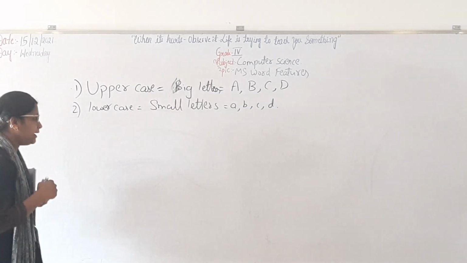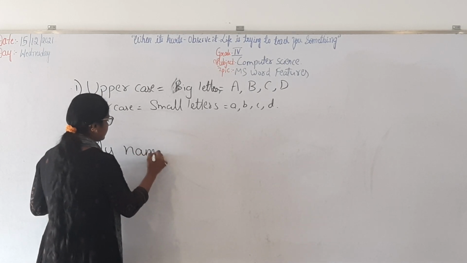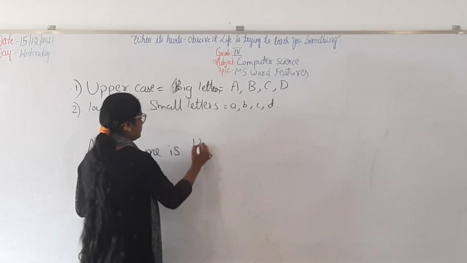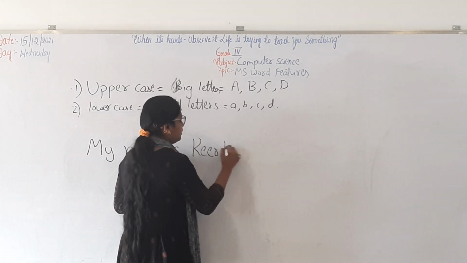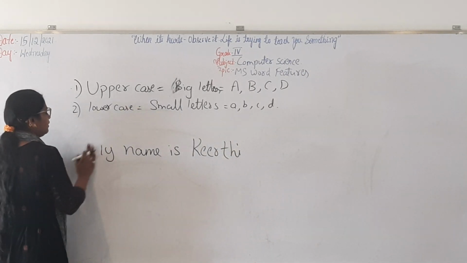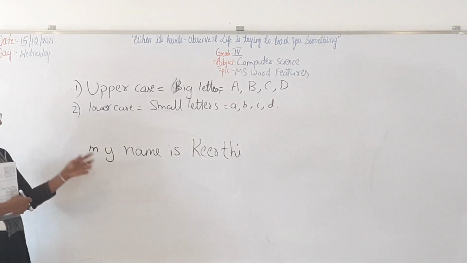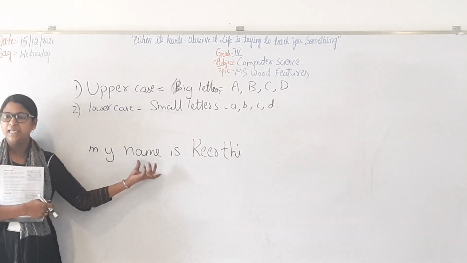For example, my name is Kirti. Here I will write a small letter my. So I will type my and then go on to type name.